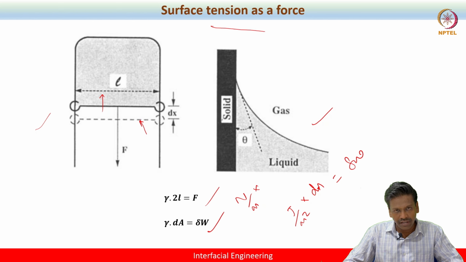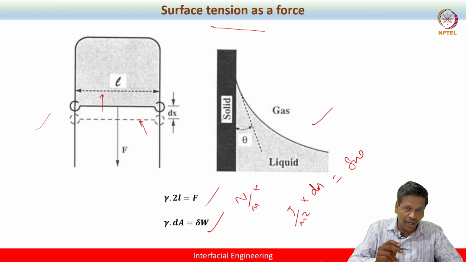Because gravity is acting in the opposite direction, you would expect at some point of time there will be equilibrium. So the liquid will rise, but not to infinite distance. It will rise up to a finite distance, dictated by the force of gravity. Now if you balance the two forces, surface tension force on one hand and gravitational force on the other, at equilibrium both will be equal.